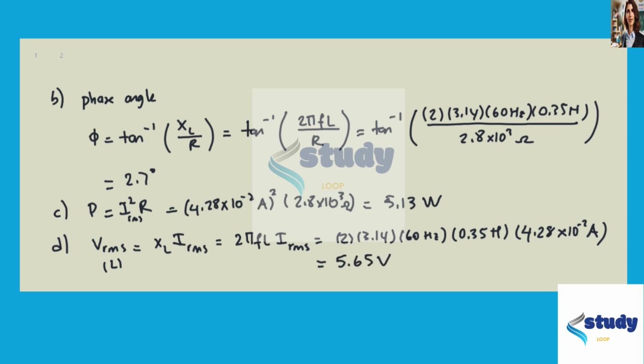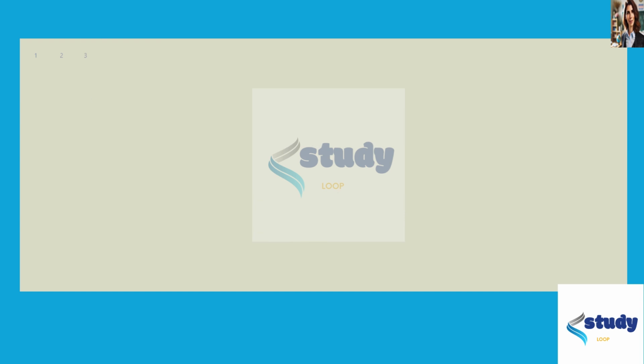Now, the second part of part D is asking for the RMS potential across the resistor. So then that is going to be equal to the RMS current times the resistance, right?